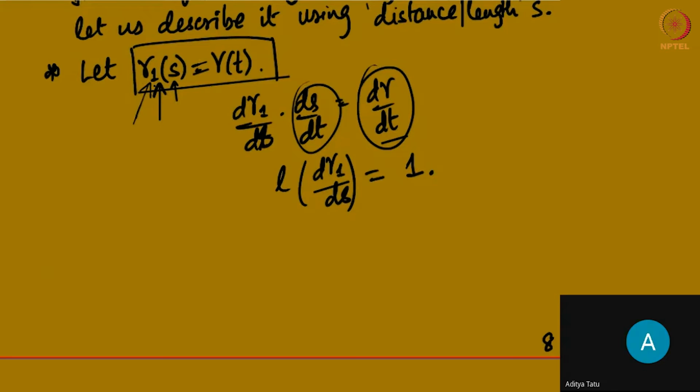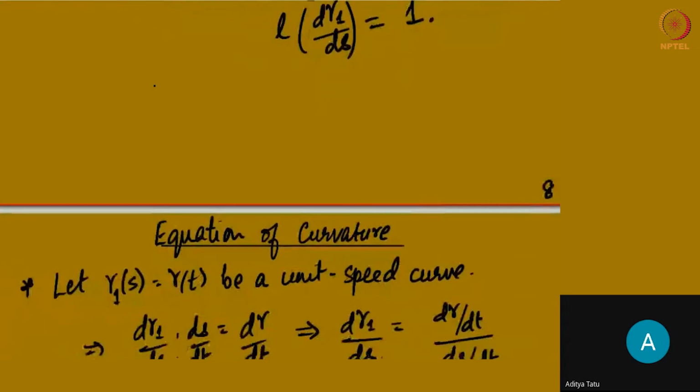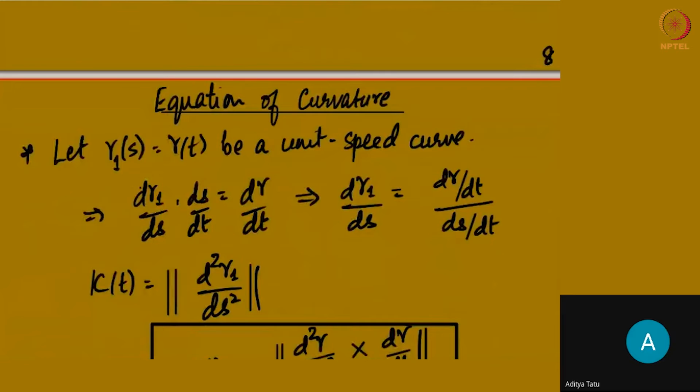So once you realize that, γ1(s) is the description of the same curve with respect to s. Now, if I want to find the curvature of the curve described by γ, that would be the same as the curvature of the curve described by γ1, isn't it?